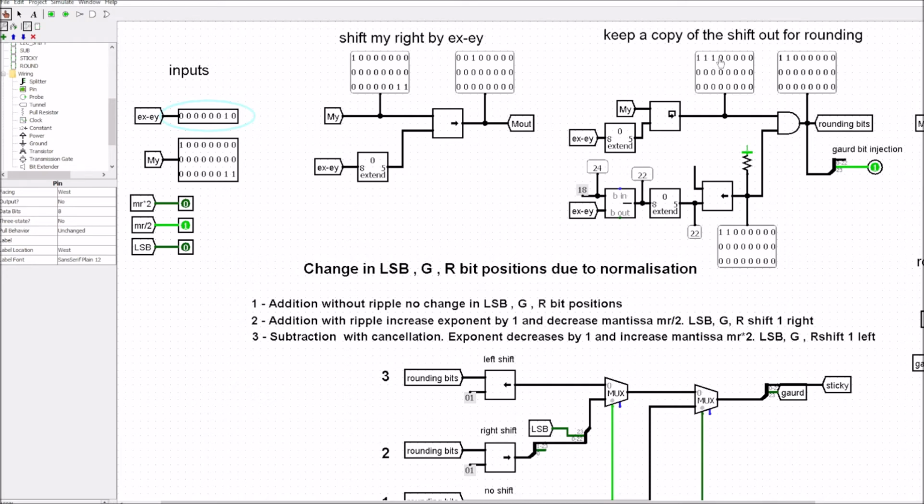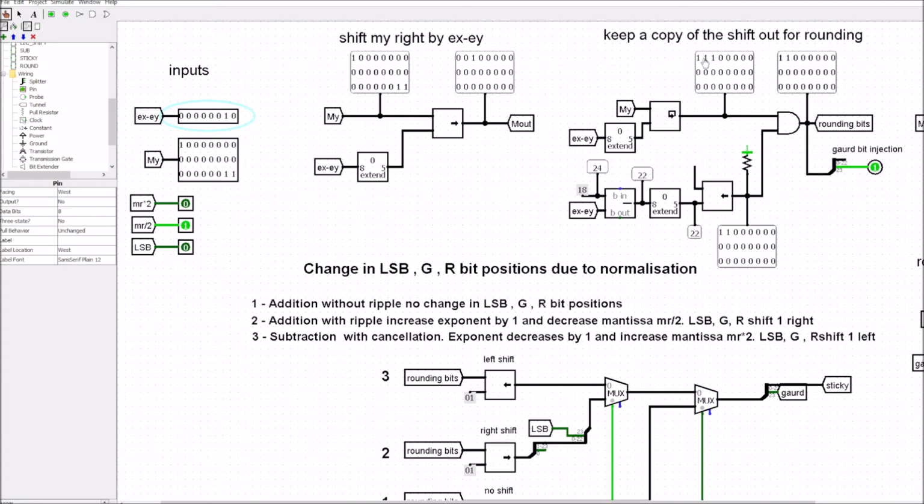So we get rid of the extra values from the section below, and you can see how we're going to do that. What we want to do is take the ex minus ey. So for example, in this one here, the ex minus ey is a value of 2. So what we want to do is make the remaining bits after 2 all zeros.